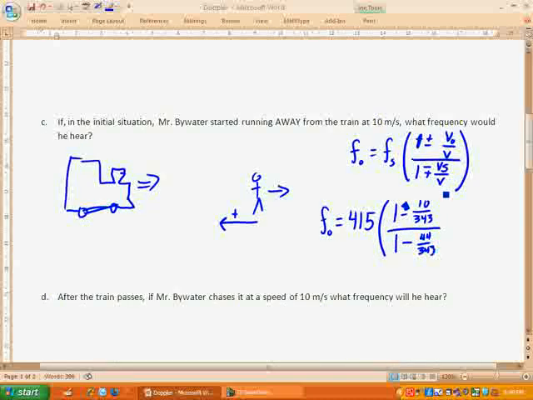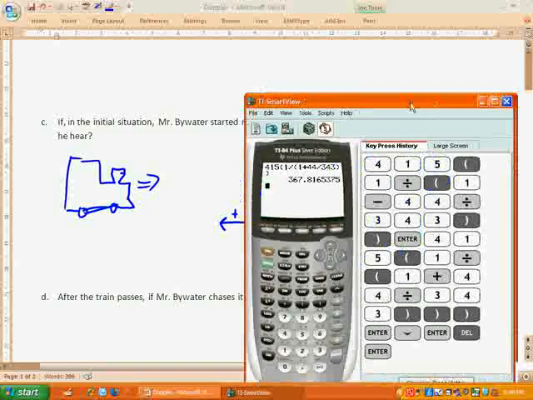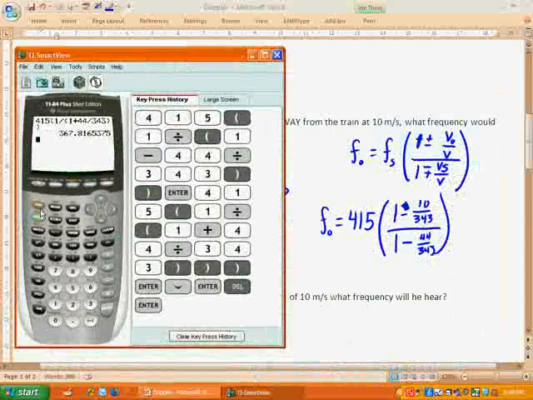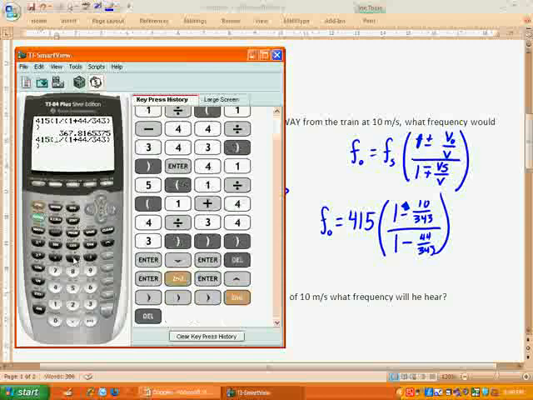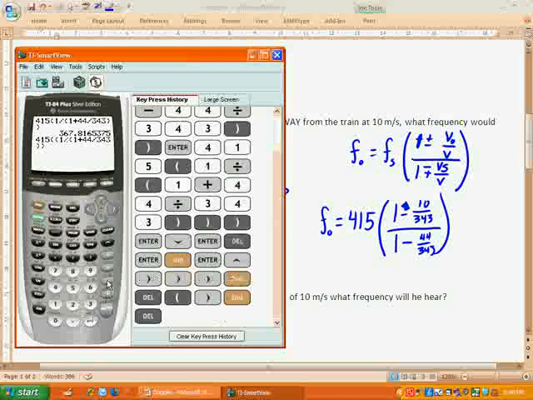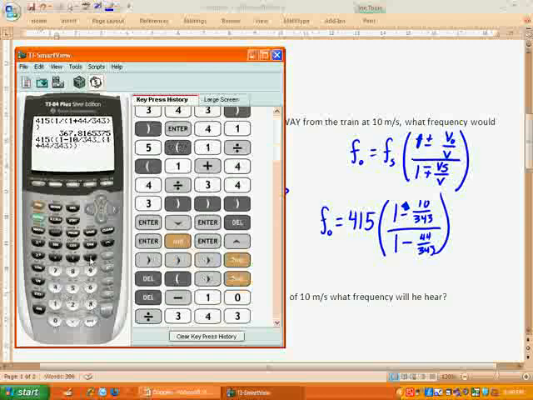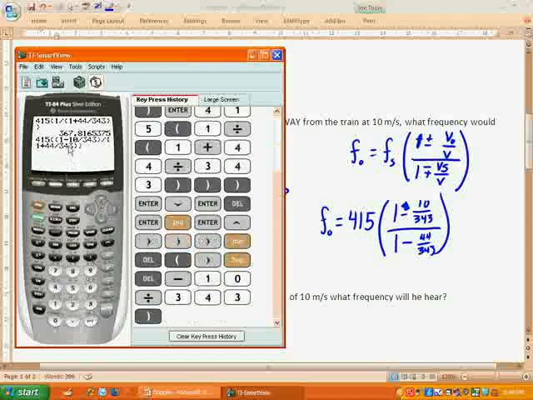We'll go ahead and plug those numbers into our calculator. So we're going to go 415 times, I'm going to put in an extra parentheses here, 1 minus 10 over 343, divided by 1 minus 44 over 343.